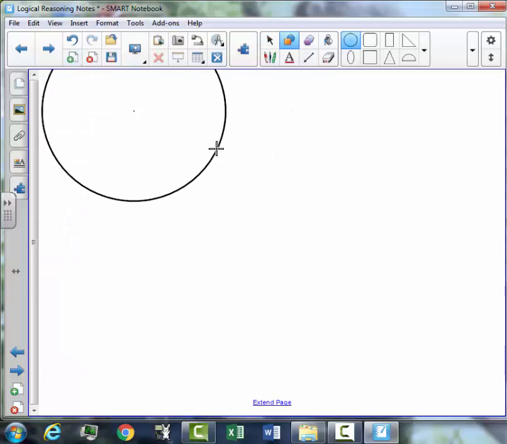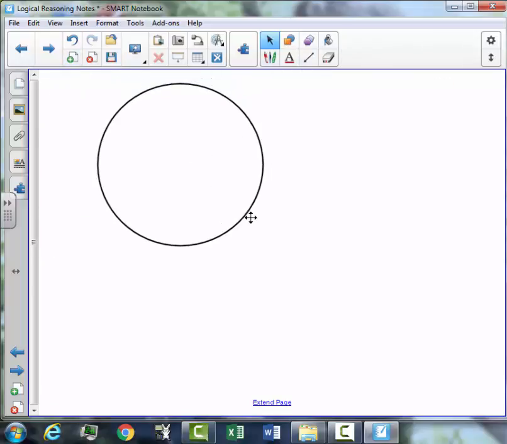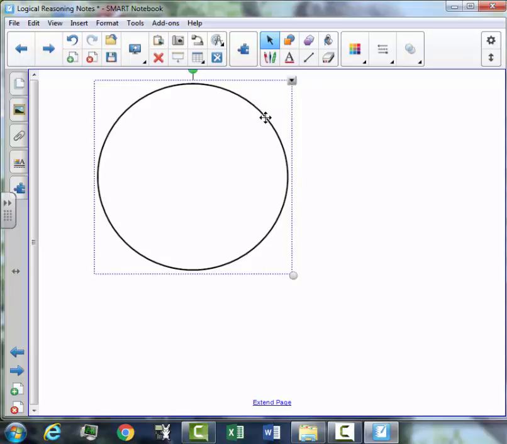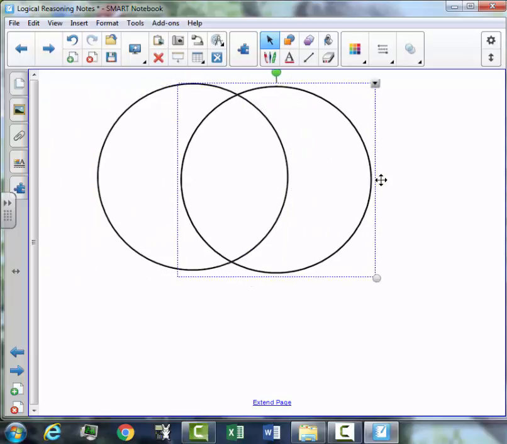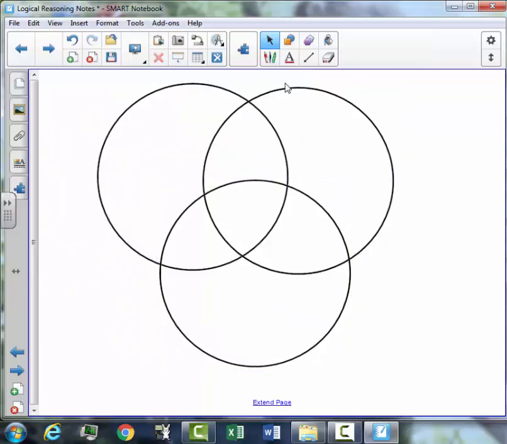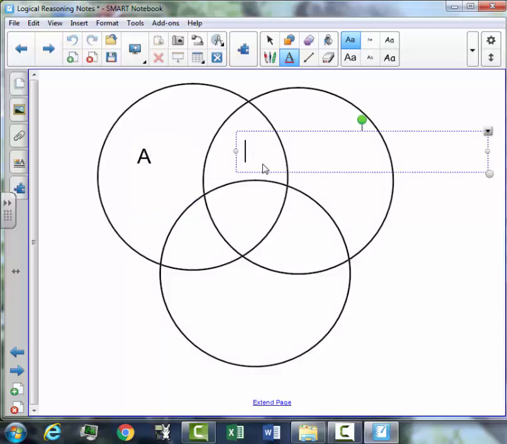So circle, maybe not that big. Second circle, third circle. Okay, and again, I find it easiest to label these as A. I don't really think where you put them really matters.